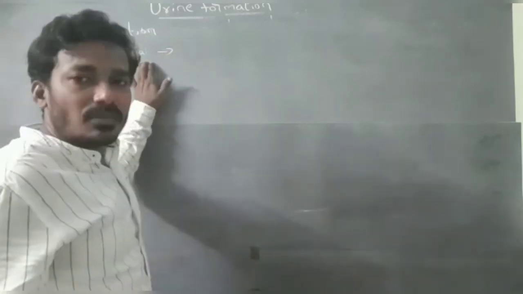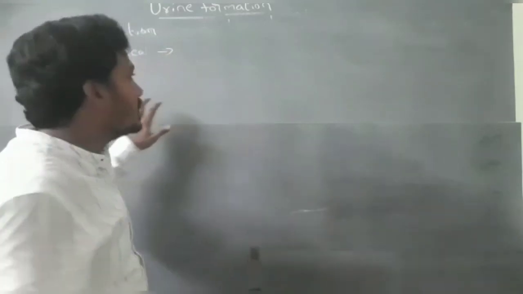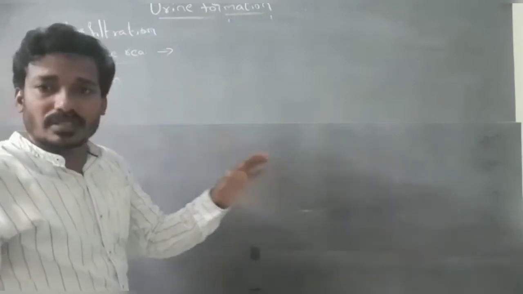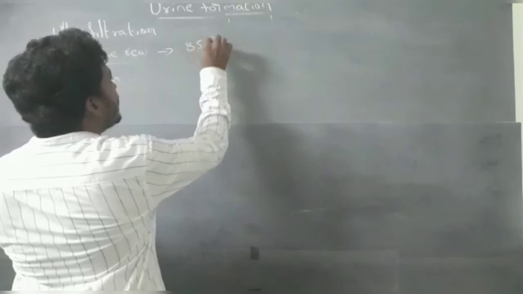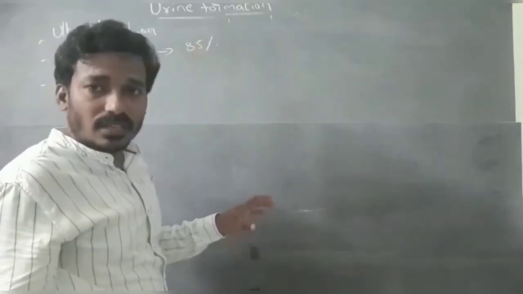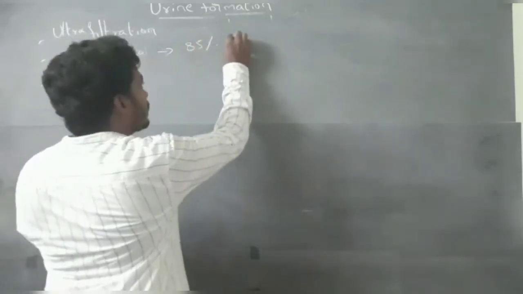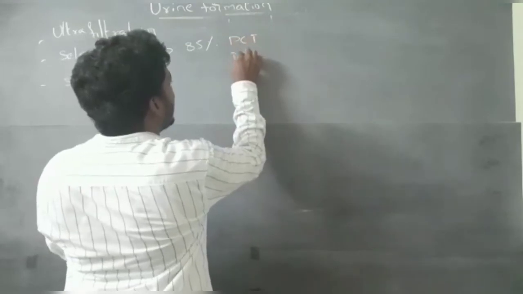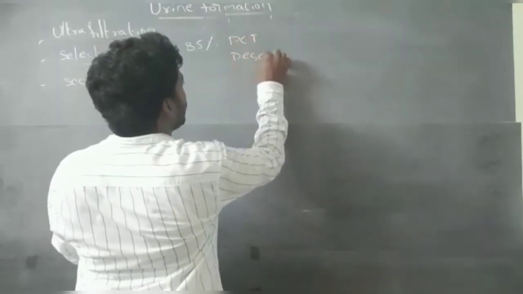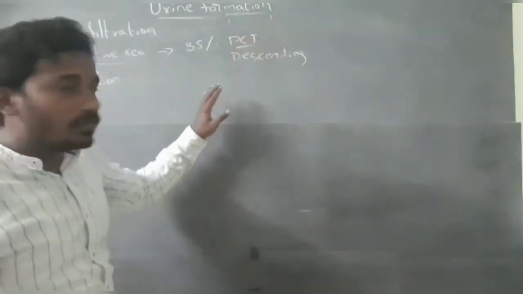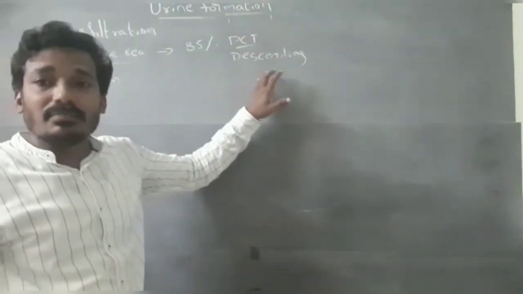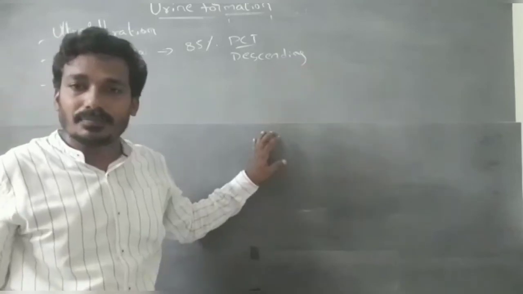Maximum reabsorption, 85%, occurs in the PCT, proximal convoluted tubule, and the descending limb of the loop of Henle.